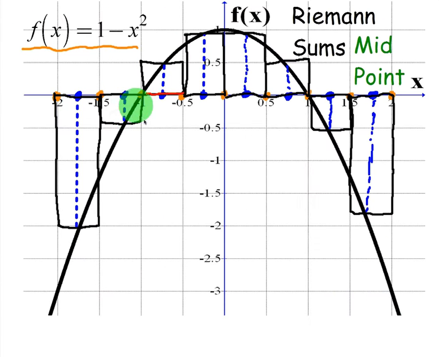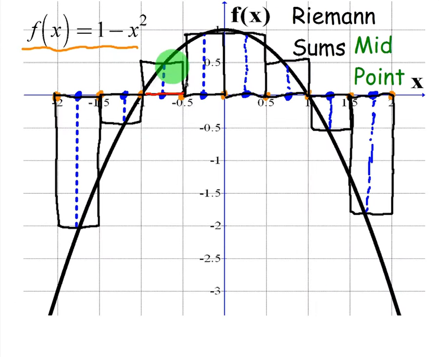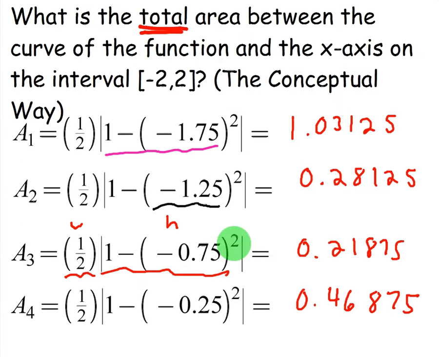So the area of this is a little bit less than 1/3. Okay, and we're going to do that for the next x value, negative 0.75. Plug that into the function, take the absolute value of that. You won't have to in this case because it's positive anyways, but the absolute value of that times the width 0.5 is going to give the area of the third rectangle, which is around 0.21875.